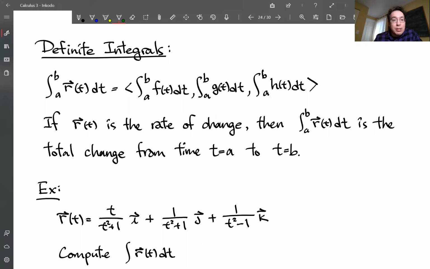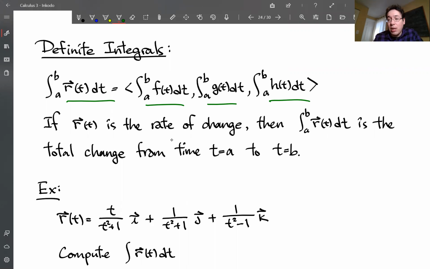Okay, so I want to first cover the interpretation of the accumulation of change, right? So if your vector function represents the rate of change of something, then when you compute the definite integral, you are computing the accumulation of change for each component separately.